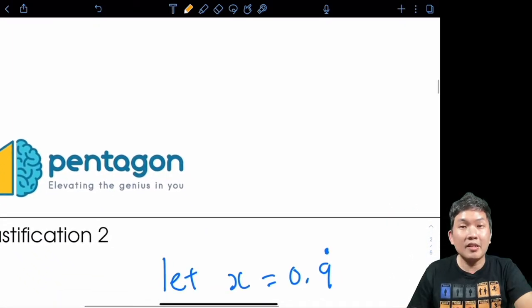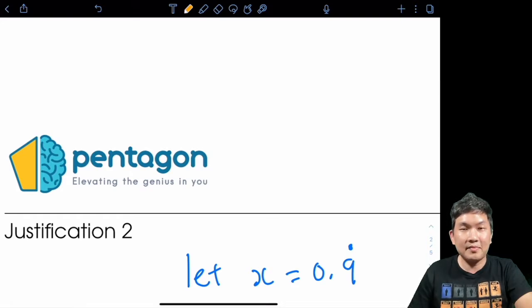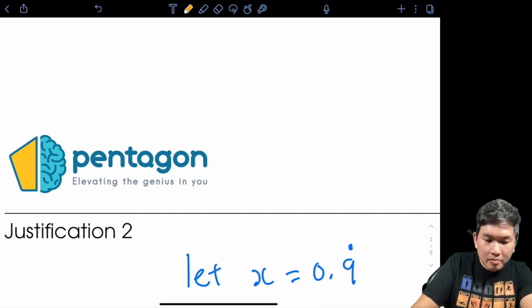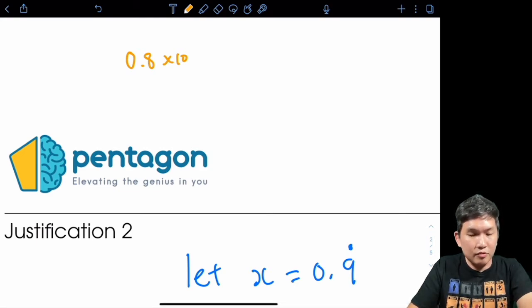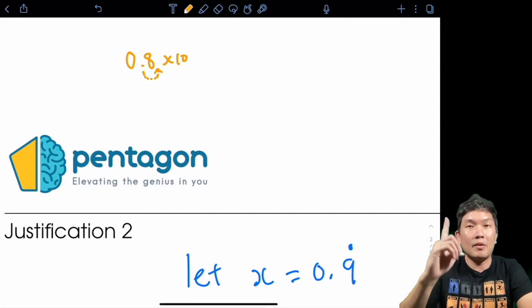First of all, we're going to let 0.9 repeating be x. And what we're going to do is multiply by 10. If you remember how to multiply decimals by 10, it's quite a simple thing to do: we just move the decimal place to the right by 1 position.